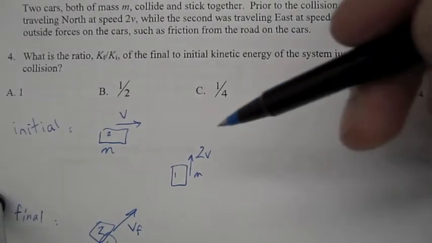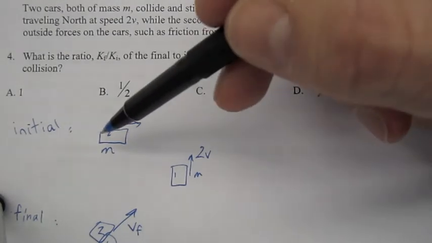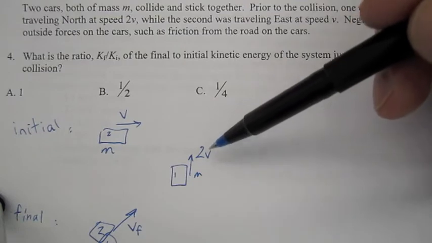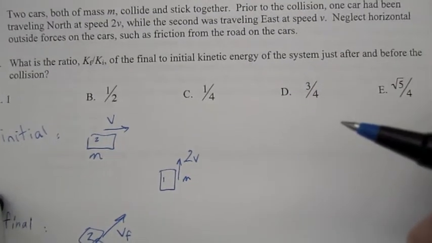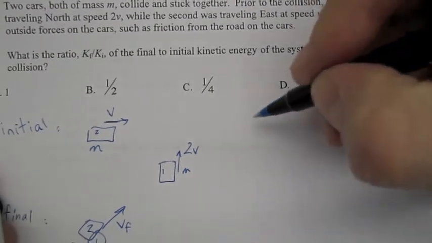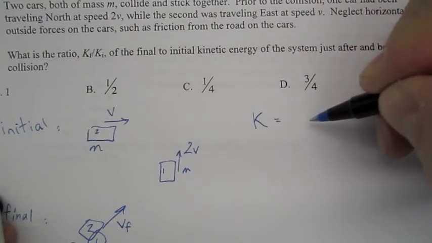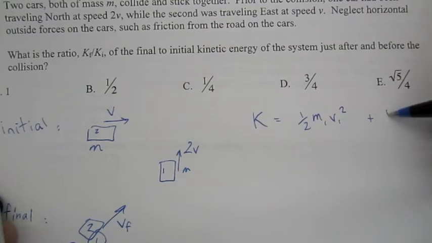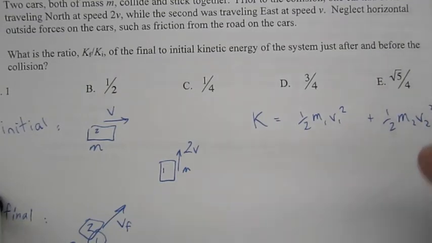So initially, you have something of mass m traveling at v and something of mass m traveling at 2v. So the kinetic energy, which doesn't depend on the direction, is going to be 1/2 m1 v1 squared plus 1/2 m2 v2 squared.